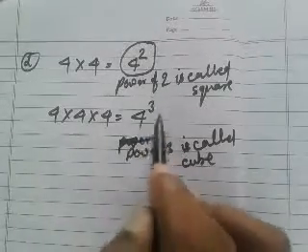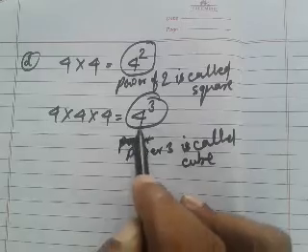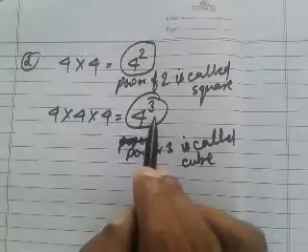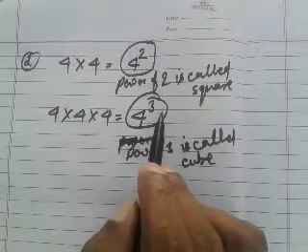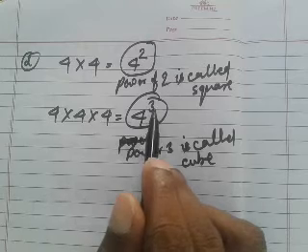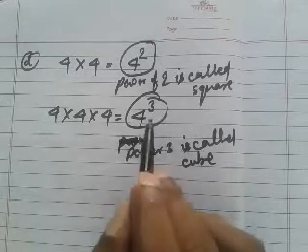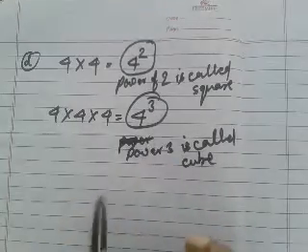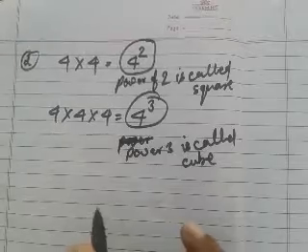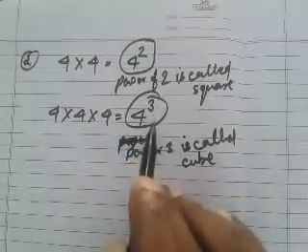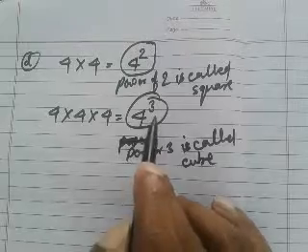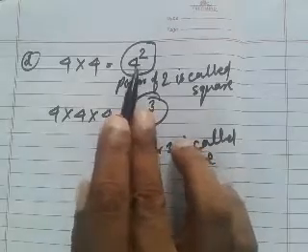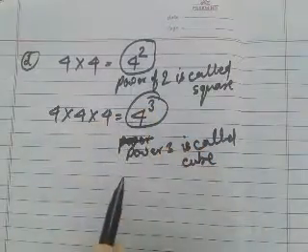So we can read this number as 4 cube, or 4 raised to the power 3, which is another way of reading it. If the power is 3, we can read it as 4 cube, and if the power is 2, as 4 square.